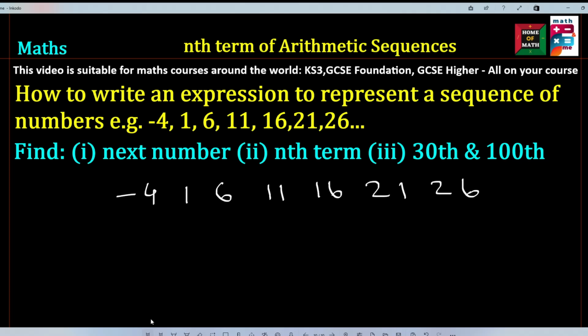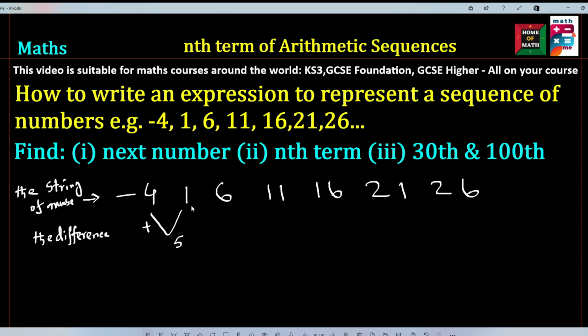So first we write the string of numbers, and then the difference. Look, if we add 5 to -4, we will get 1.